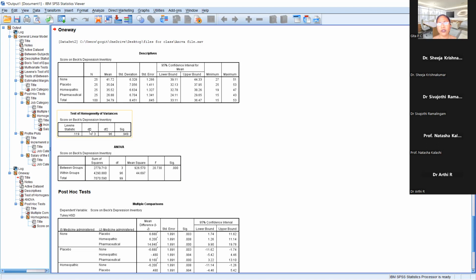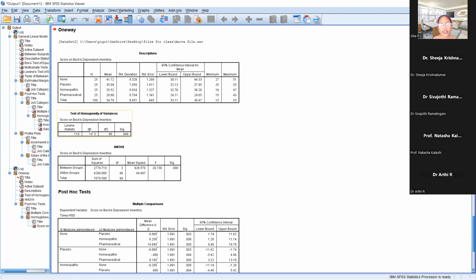Because your null hypothesis will always be homogeneous or equal. So when will you accept your null hypothesis? When your p-value is greater than 0.05.